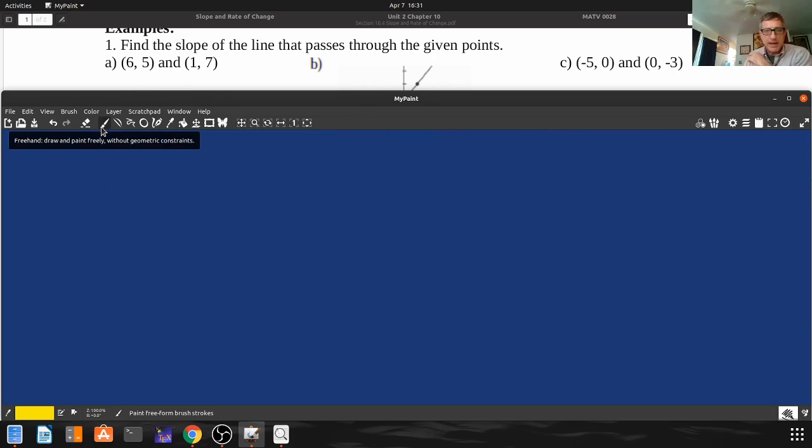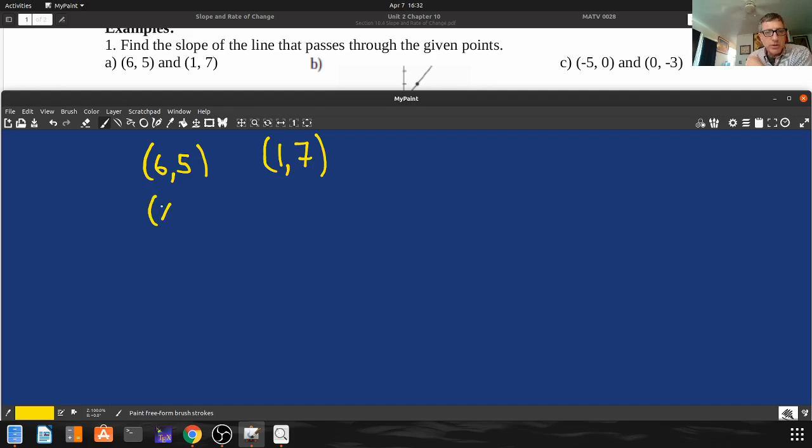So here I have point 1 is 6, 5, and point 2 is 1, 7. So choose one of them, and it doesn't matter which one you choose, to be x1, y1, and choose the other to be x2, y2.